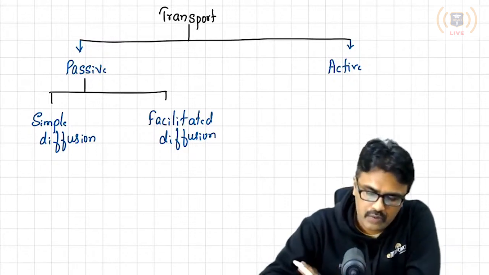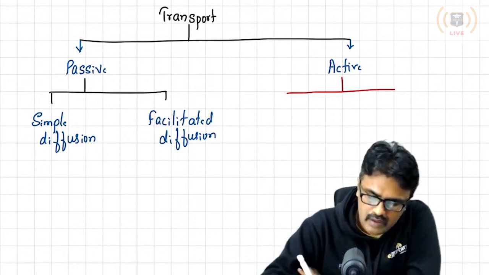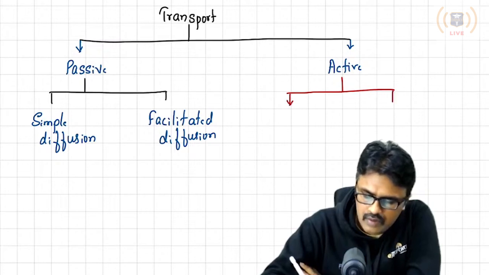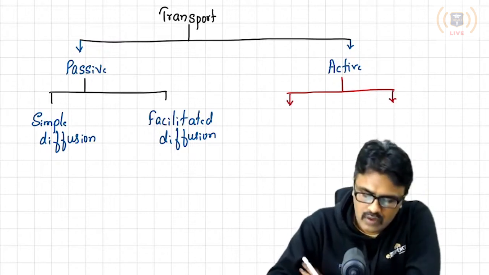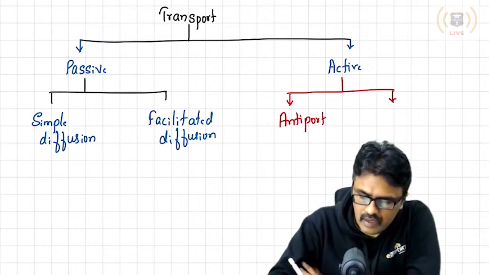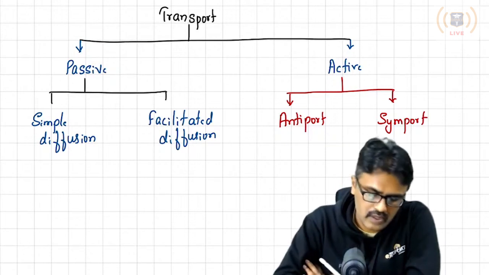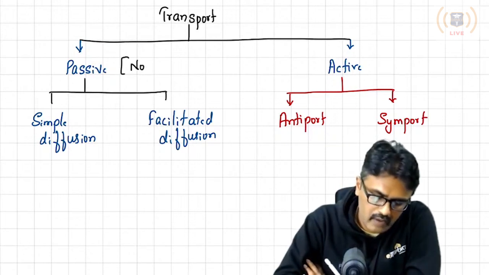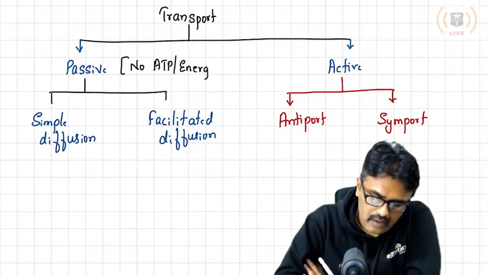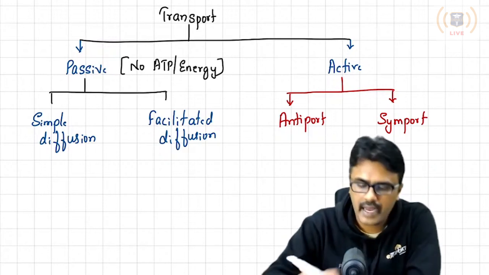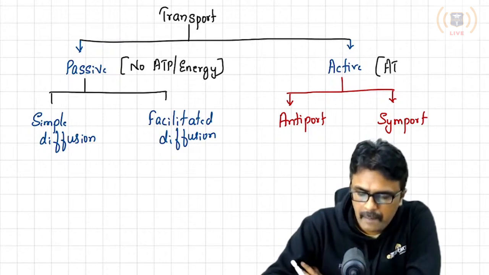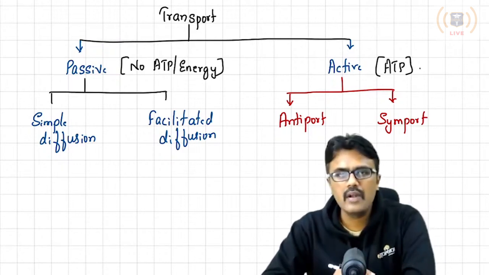Now active, there are two varieties. One is called antiport and one is called symport. Now what is the difference between both? That is passive. Here no ATP required. No energy required to do this process, but active requires ATP. That is the only difference.